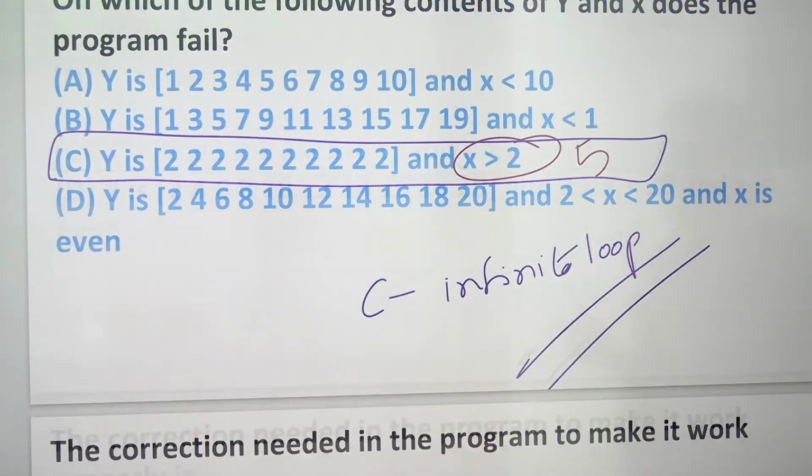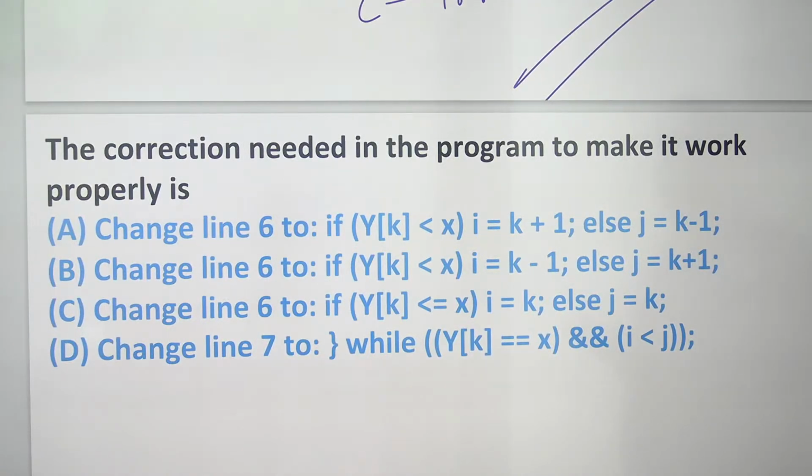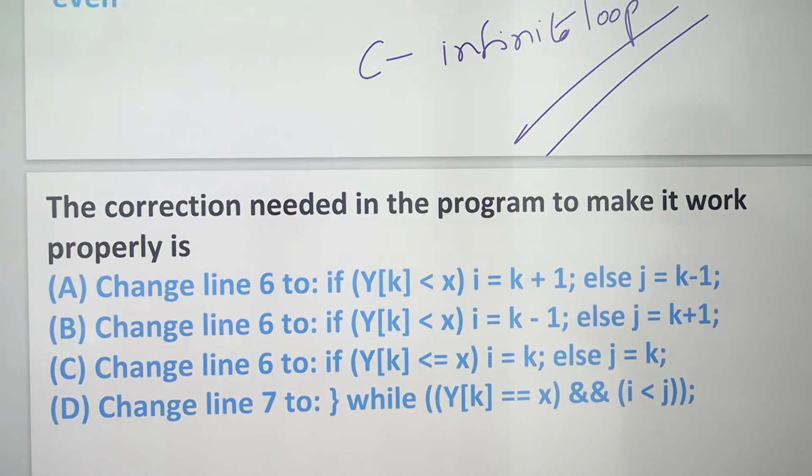The correction needed in the above program to make it work properly: if y of k is less than x, then i is equal to k plus 1, else j is equal to k minus 1.